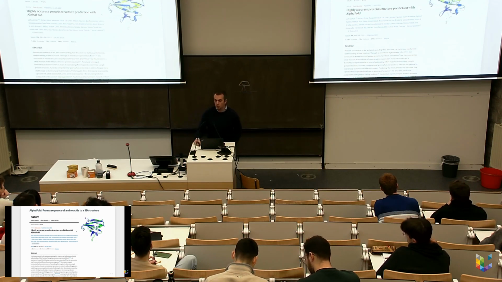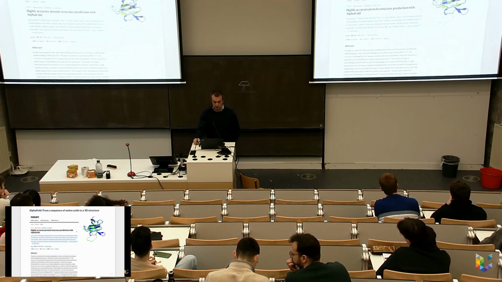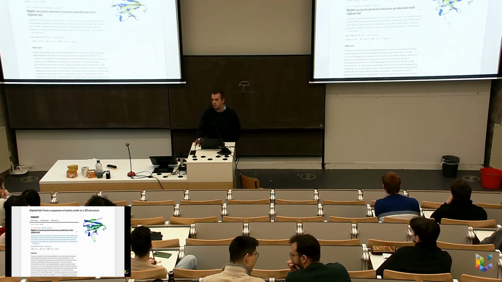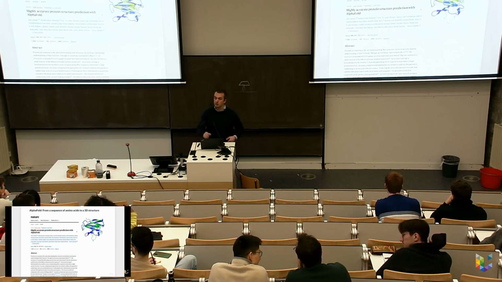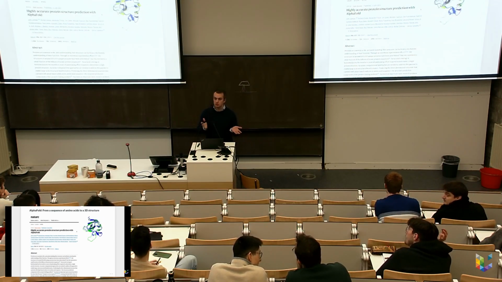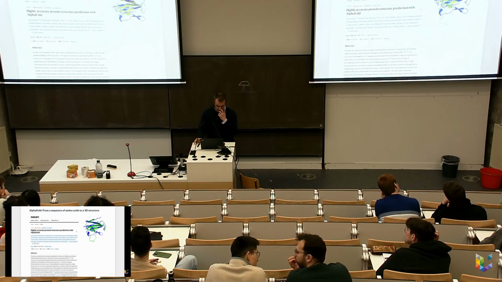And that worked, but this is very slow. Okay, and there are many proteins that we will not be able to analyze in the lab in this way because the space of proteins is just so large that we can't analyze them all.